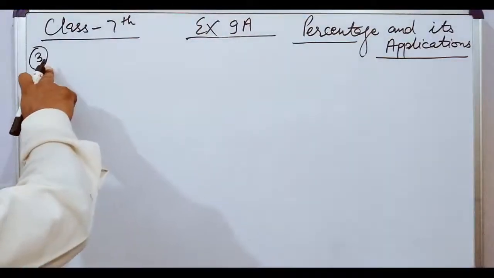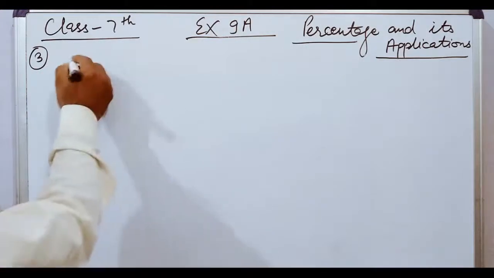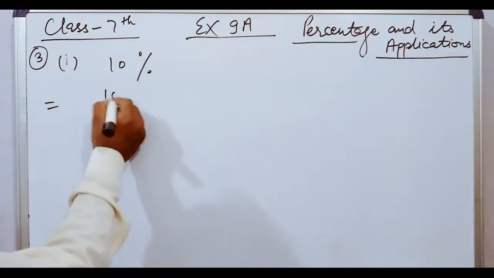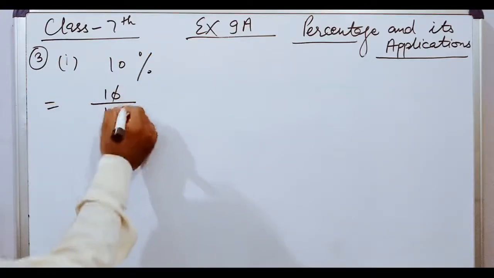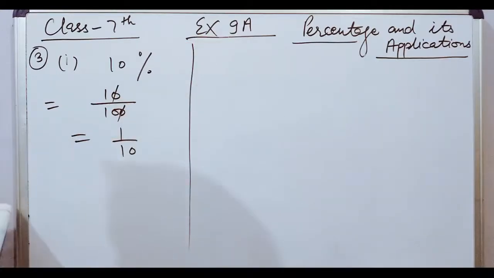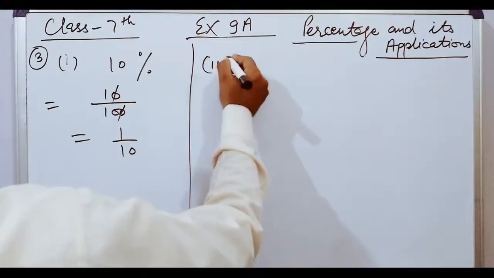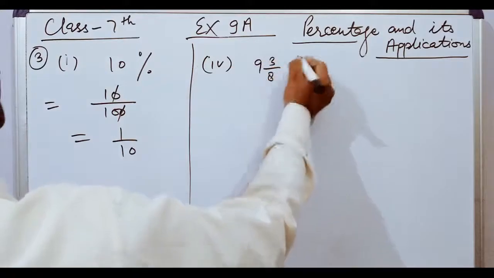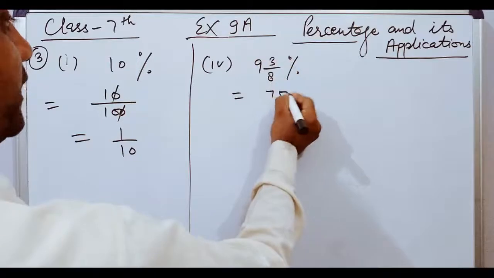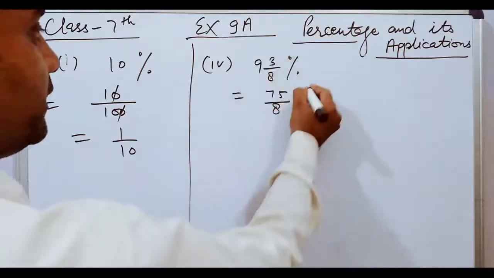Question number 3. Express each of the following percentages as a fraction. So first, 10%, we have to convert it into a fraction. 10% means 10 upon 100. 0, 0 cancel. 1 upon 10. This is a fraction. Okay. Then fourth part, 9 whole 3 upon 8%. 8 9s are 72 plus 3, 75 upon 8 percentage.